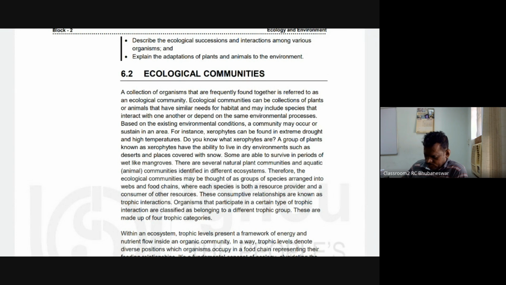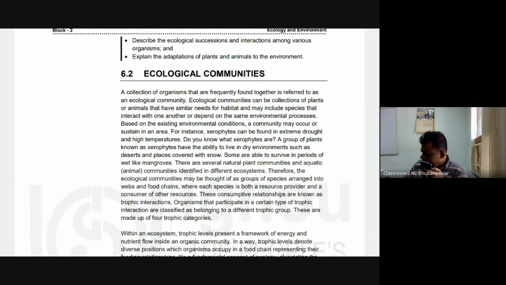Ecological communities are homogeneous in nature. For example, the plant communities of the dry deciduous forest and those of the moist deciduous forest show some differences.